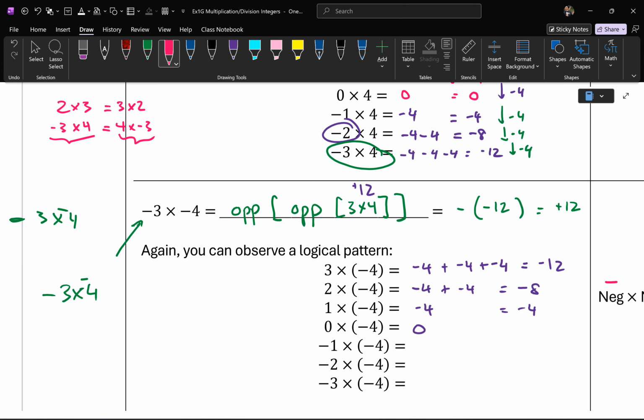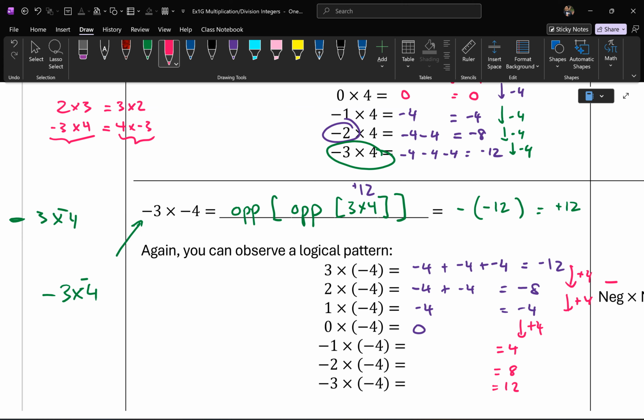Hopefully you can again see a pattern. Each one drops by 4. So naturally, this one should be now, if you can see, oh, it's not dropping, so it's adding. Adding by 4. You can see the pattern is that it's increasing to 4, then 8, then 12.